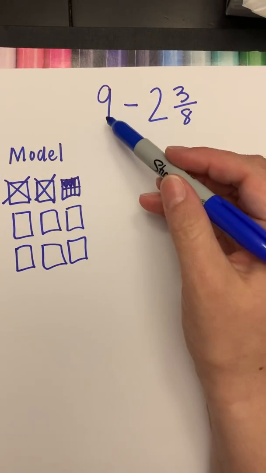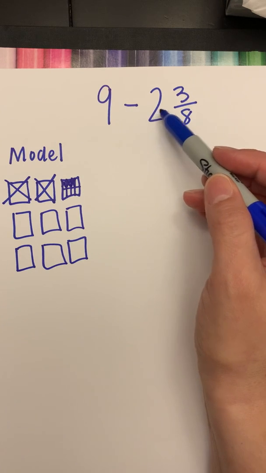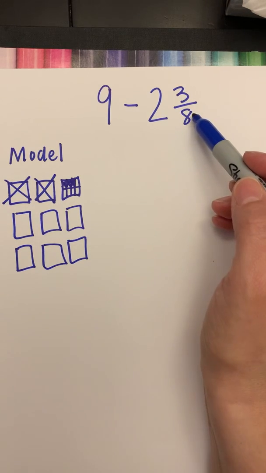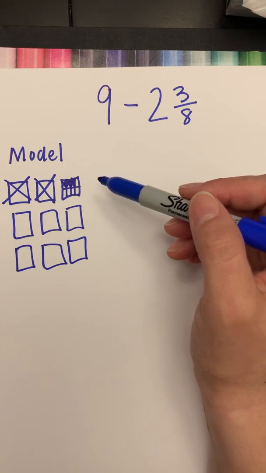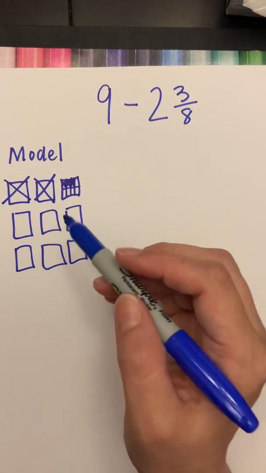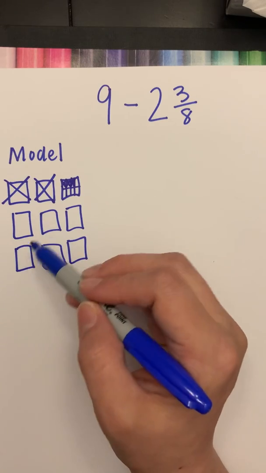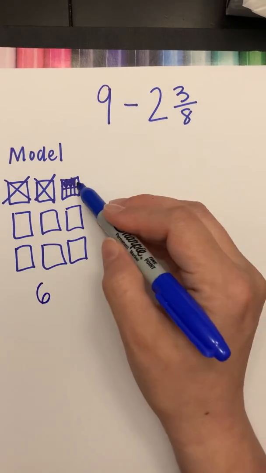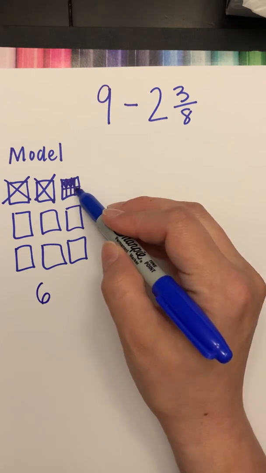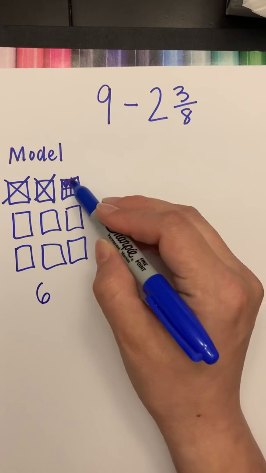So I started with 9 wholes and I took away 2 3/8. My answer is going to be whatever's left over, whatever I didn't cross out. So let's count. We have 1, 2, 3, 4, 5, 6 wholes, and then we have 1, 2, 3, 4, 5 eighths.